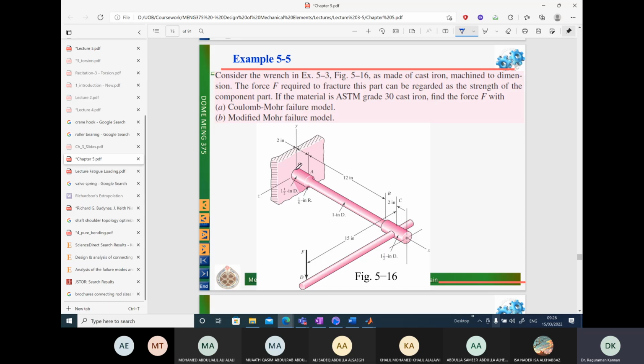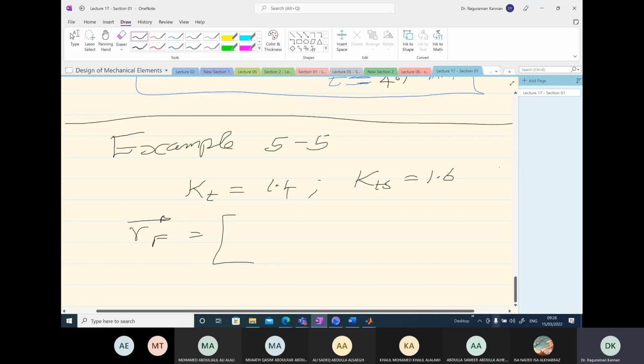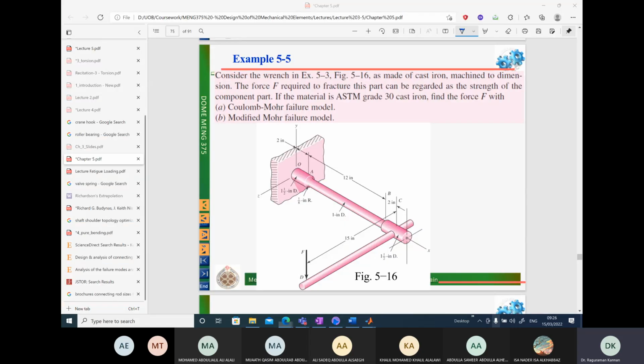So here we assume the origin is 0 at this point O. The X value will be, according to this calculation, 2 plus 12 plus 2, 16. The X value at this point is 16. The Y value is 0 and the Z value is positive 15.